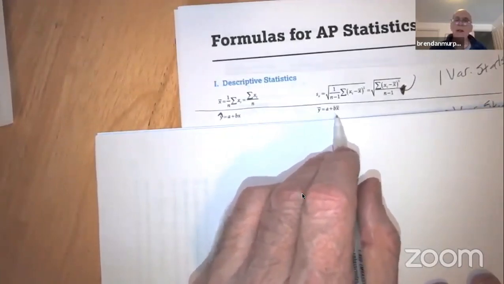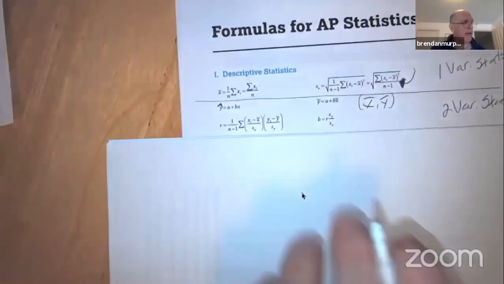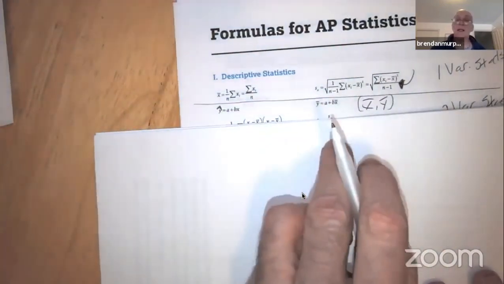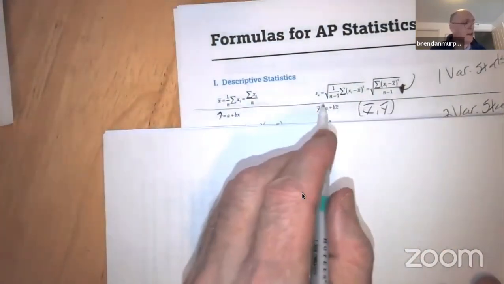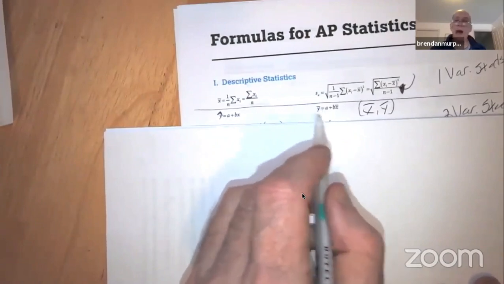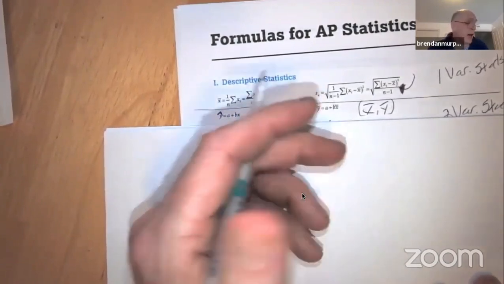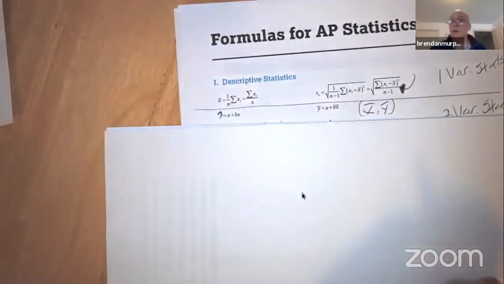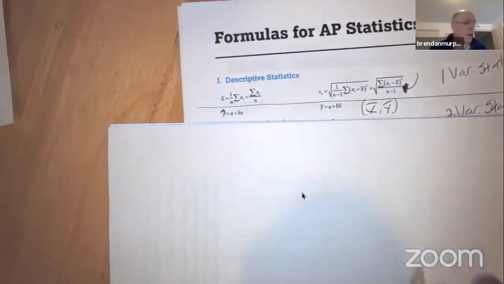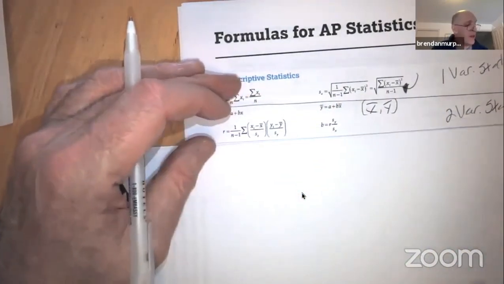I don't know if I know the name for that formula, but I do know that x bar, y bar, the average x value and the average y value, does always sit on the least squares regression line. So I guess I've used that formula in the past to solve for one of those variables. Could it show up on this year's free response? The answer is yes. So it's good to have, good to know.